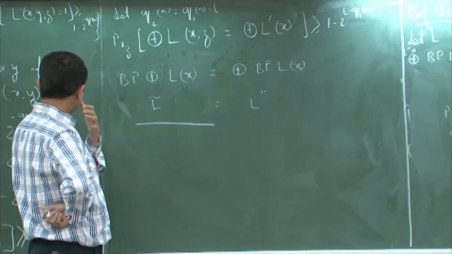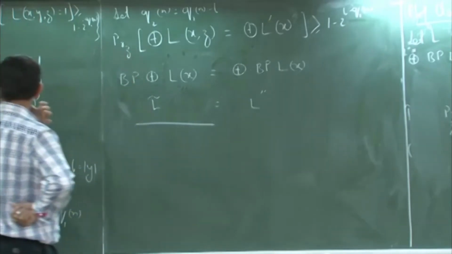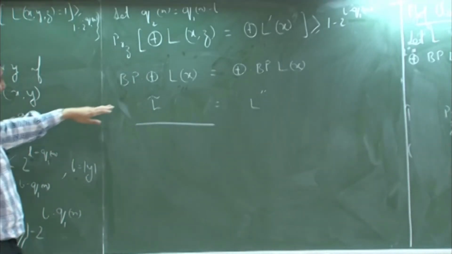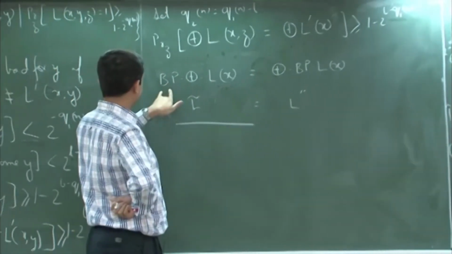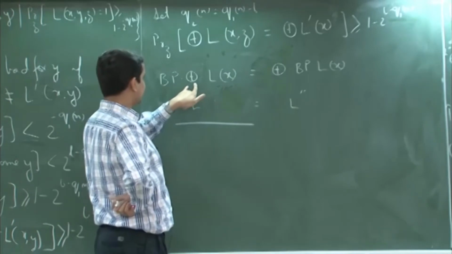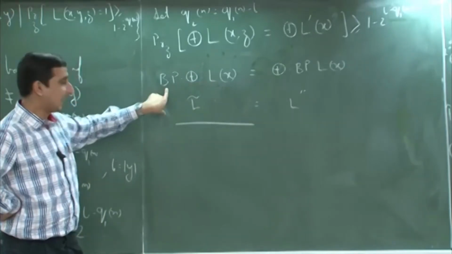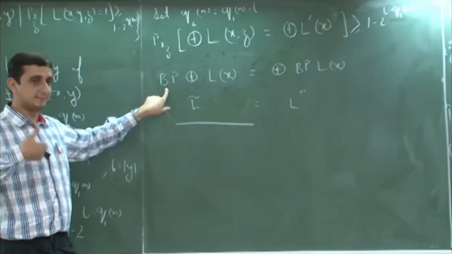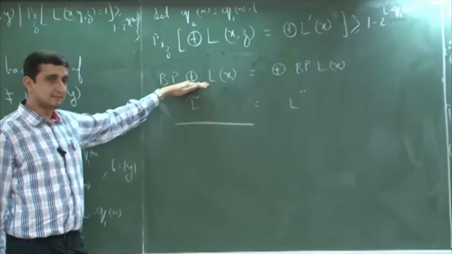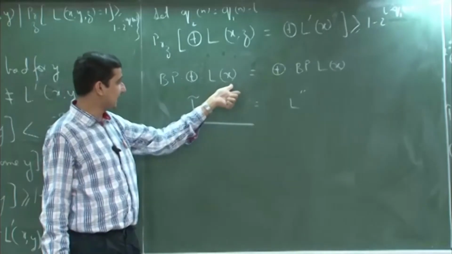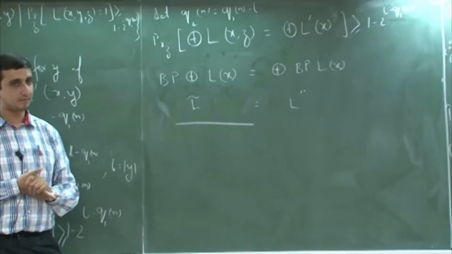I wanted to use x because I wanted to show this for a fixed string, but I think together with x I should also use the random string that is generated by BP and the y that is generated by this parity operator. So what this essentially means is that with high probability, if you look at all random strings, for most random strings, the number of y's that will act as an evidence that x belongs to the language is odd.